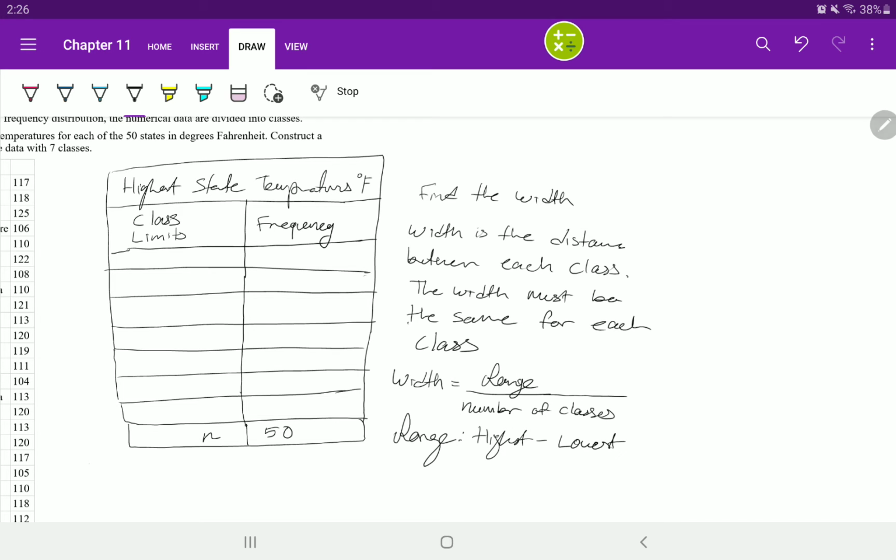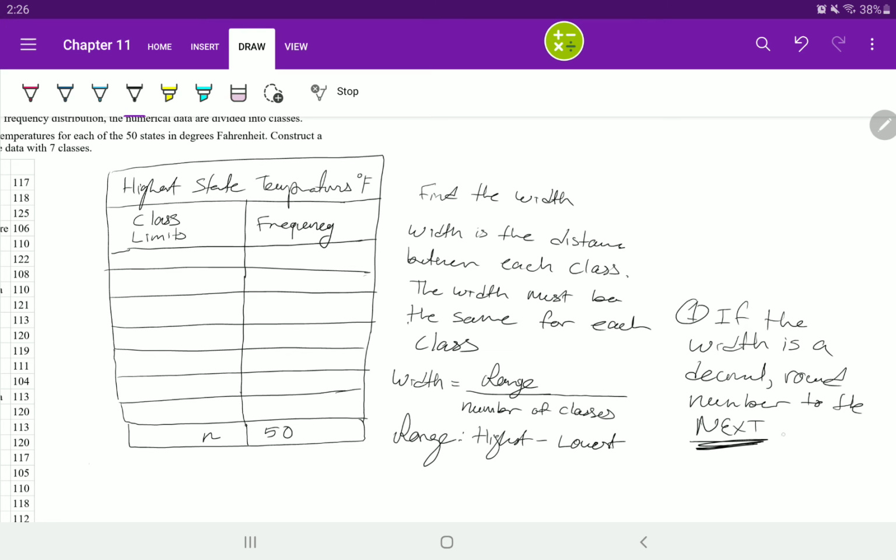Okay. Now, when it comes to the width, there are 2 definitions. Number 1, if the width is a decimal, round the number to the next whole number. Very important. If the width is a decimal, round to the next whole number.